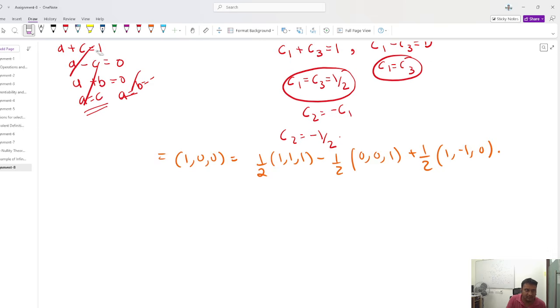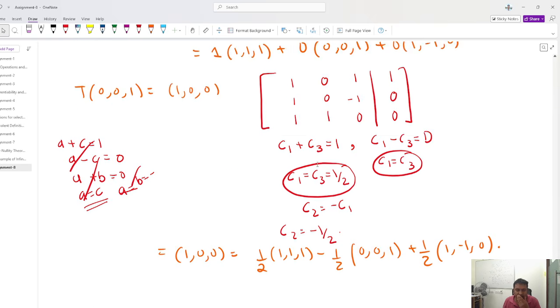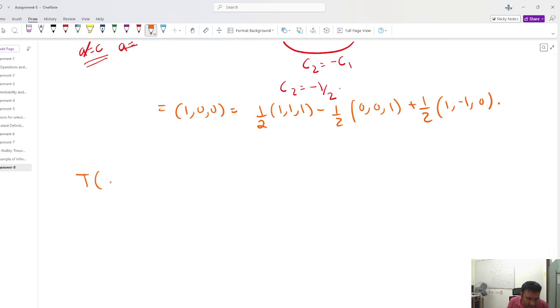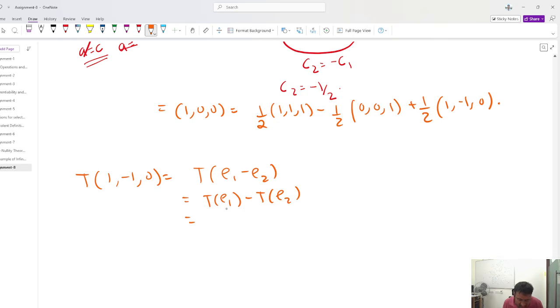So, what was the third vector? T of, what was it? 1, minus 1, 0. You can write it as T of E1 minus E2. This is T of E1 minus T of E2. So if you see, this is E1, right?